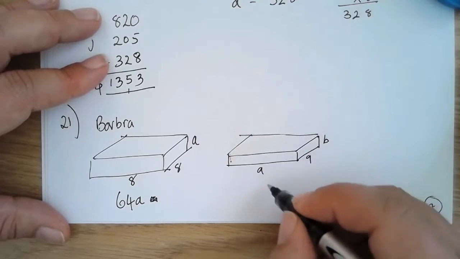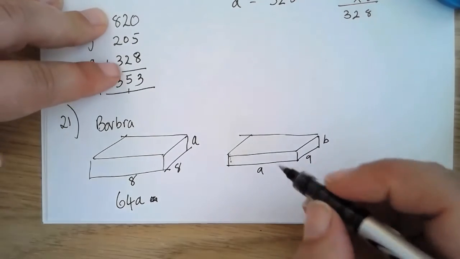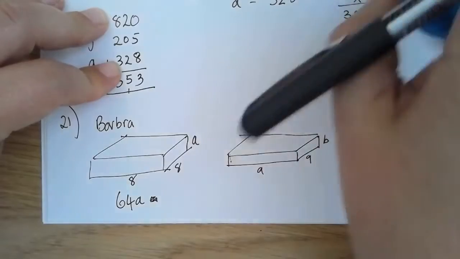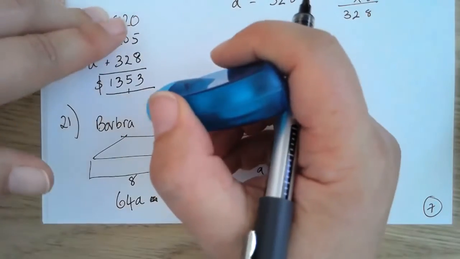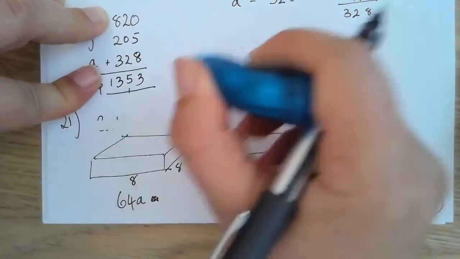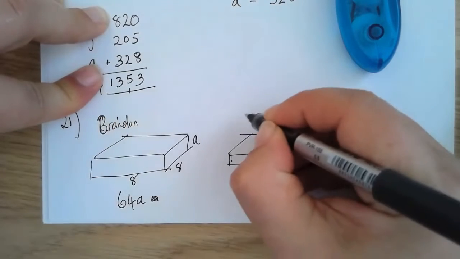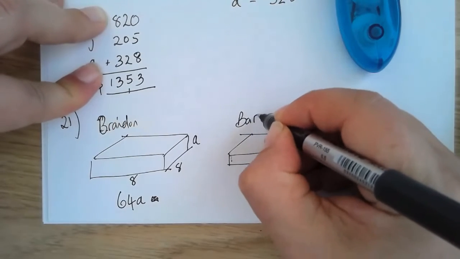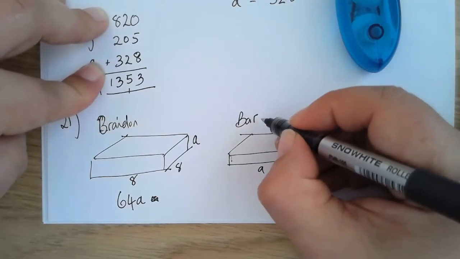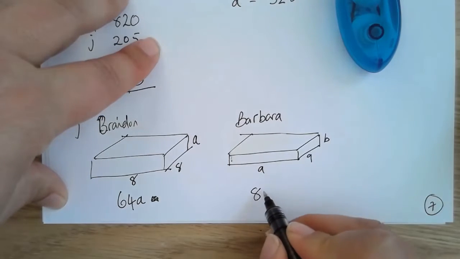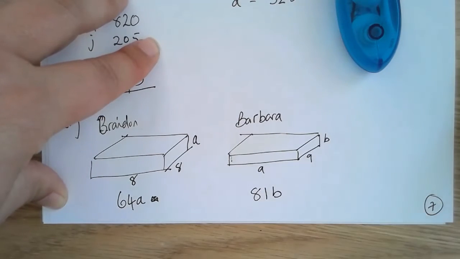So this one is Brandon, and this is Barbara. This becomes 81b.